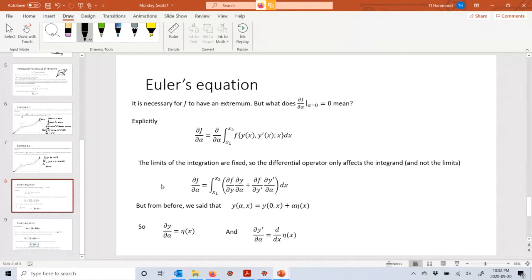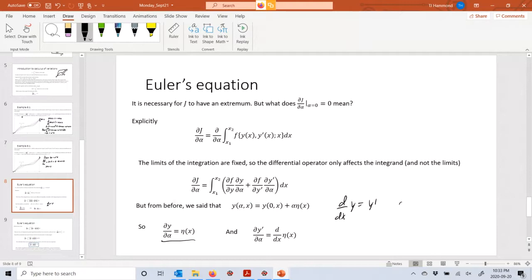And so, since we said before that y is a function of alpha and x, where y0 of x plus alpha eta of x is our function, and noting that d by dx of y is this y prime, then of course the partial derivative of y with respect to alpha is going to be equal to eta.